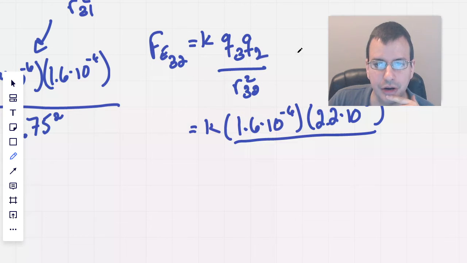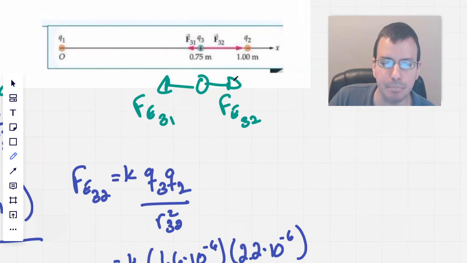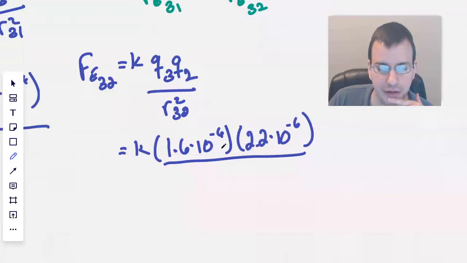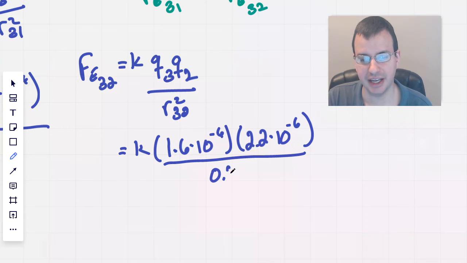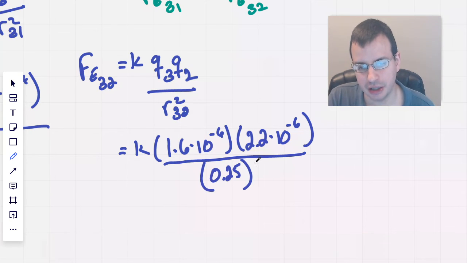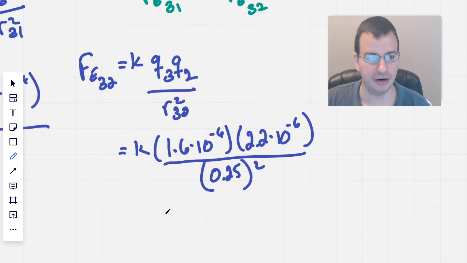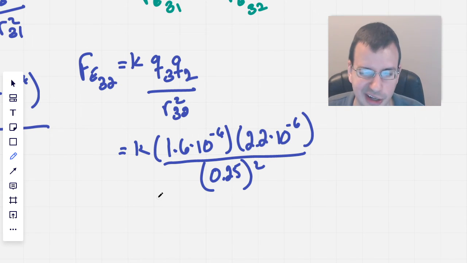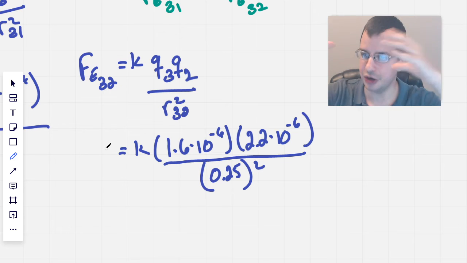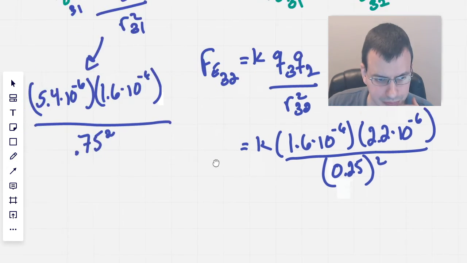It's because I don't care. I just use the positive and negative signs, the charges basically, to determine which direction the force is. So what I do is I solve it for the magnitude, ignoring the negative signs, and then I put them together in a logical manner. You'll see in a sec.